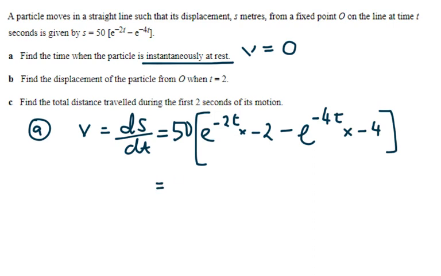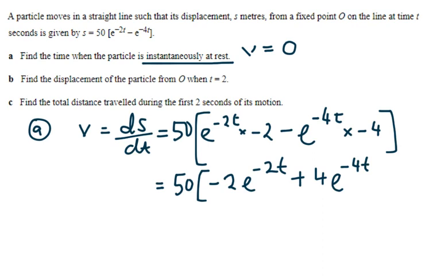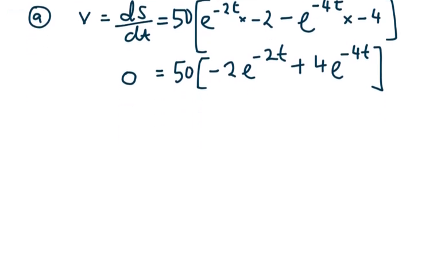Simplifying this will give you an expression such as negative 2 e^(-2t), and negative and negative gives you a positive 4 e^(-4t). And that equals to 0 to solve and find the t value. Moving forward, bring the 50 over to the other side, it will give you 0.